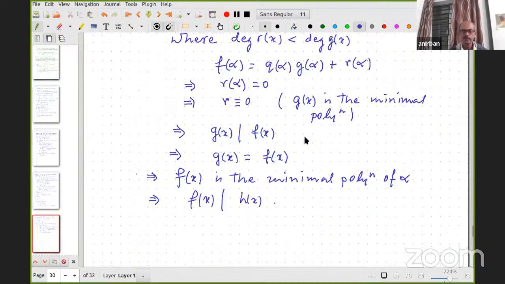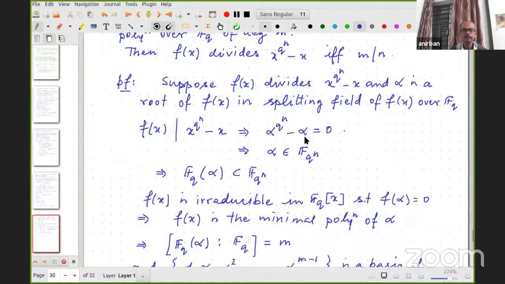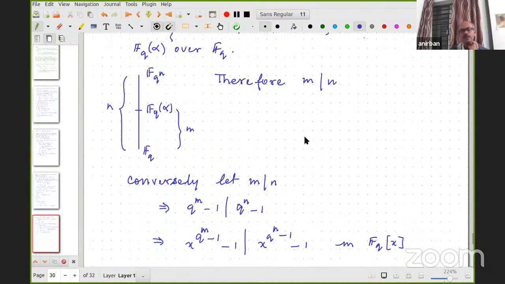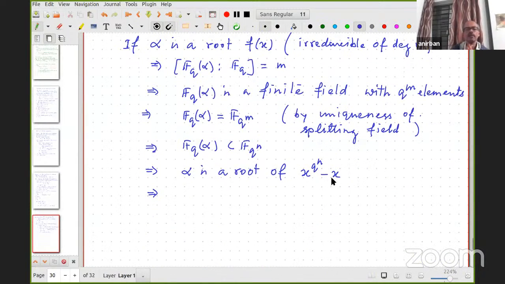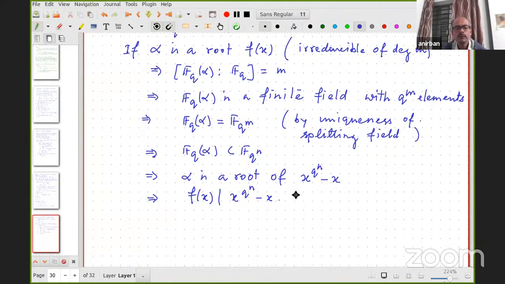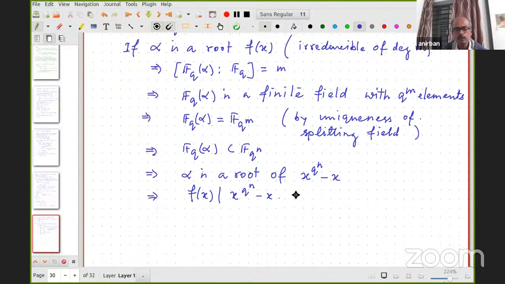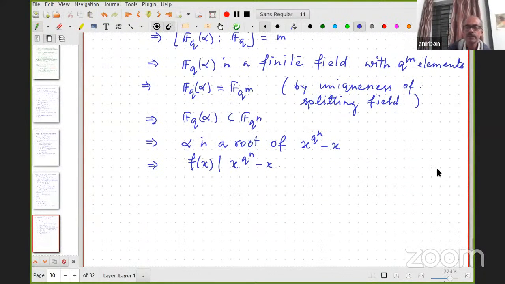So that's what happens here. Alpha satisfies this polynomial x to the q to the n minus x, and therefore the irreducible polynomial which alpha satisfies has to divide this. And this is what we wanted to prove, so that completes this proposition.